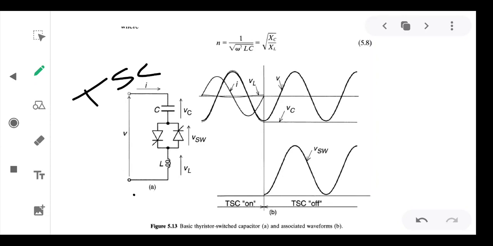In the right side figure, the voltage and current waveforms of TSC are shown on the top figure.